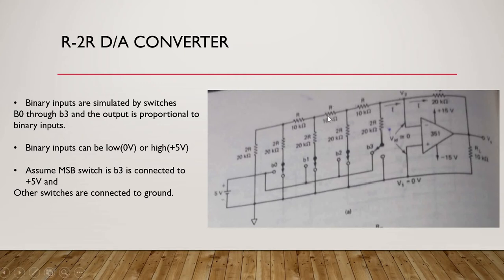As shown in the figure, you can see the figure over here. This is the same as your binary weighted resistor DAC, that is, we have used the inverting amplifier. The inputs are given to the inverting terminal, so it is an inverting amplifier we are going to make use of. And then this is the R2R network.